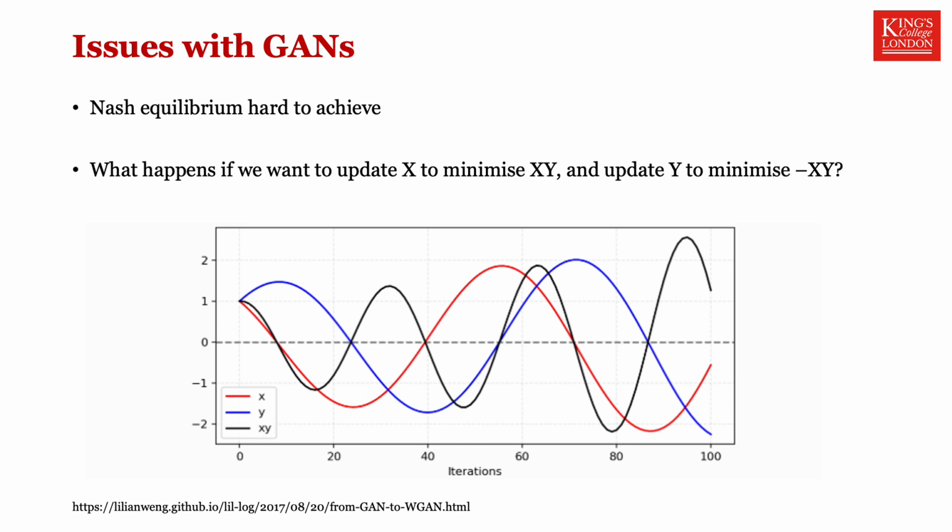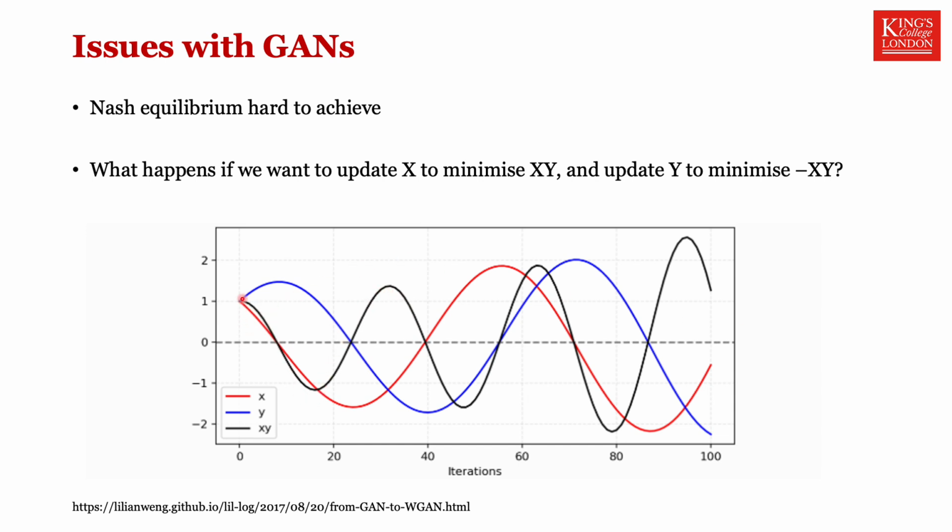If you think about it, let's not even think about very complex functions like GANs. Let's just think about two very simplistic functions. So if you want to update the function x to minimize the function x times y without having access to the function y, what is happening is what you're seeing here. You have xy, which is this black line here.